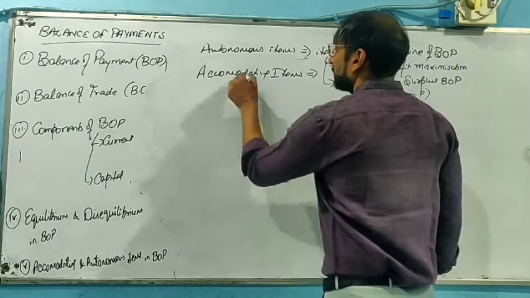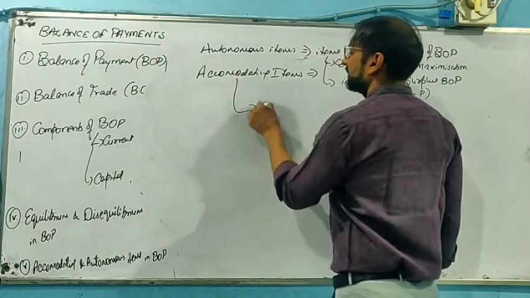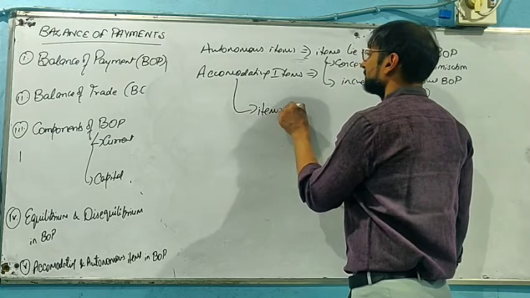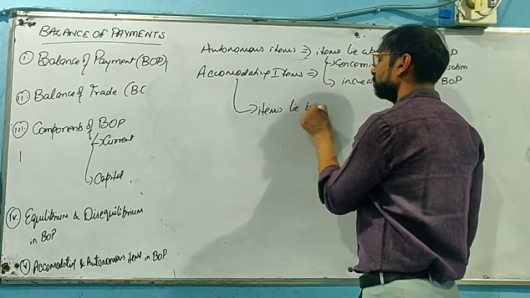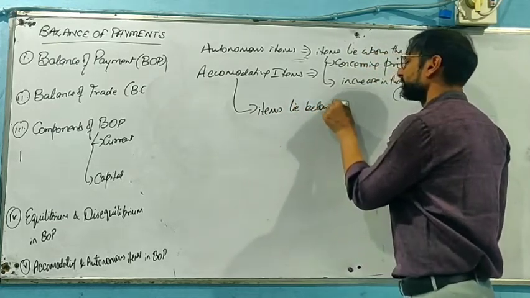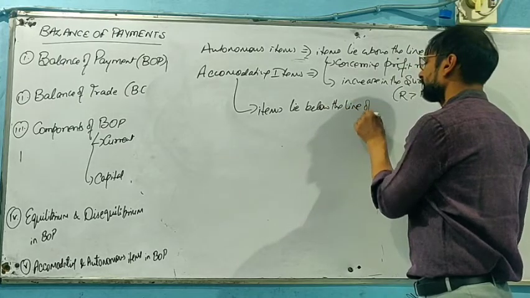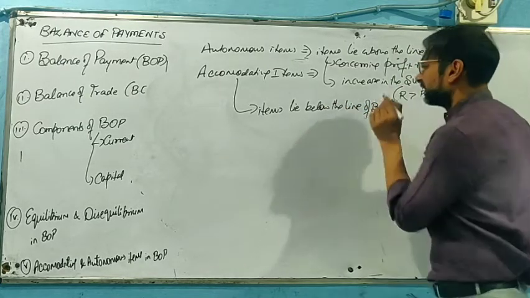Now, if we talk about accommodating items, such items lie below the line of BOP.